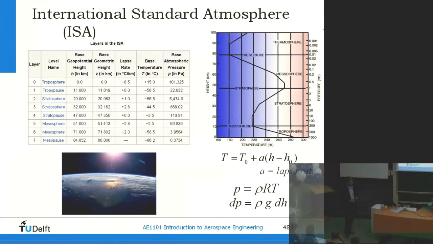This also means that if we have made a wing or some other shape, and if we create between the top side of this desk and the side underneath a pressure difference of only 1%, we will have a lift of 100 kilograms already in this 1 square meter. That's more than most of us weigh. So, in fact, 1% of pressure difference is already enough to get a lift force of 100 kilograms.